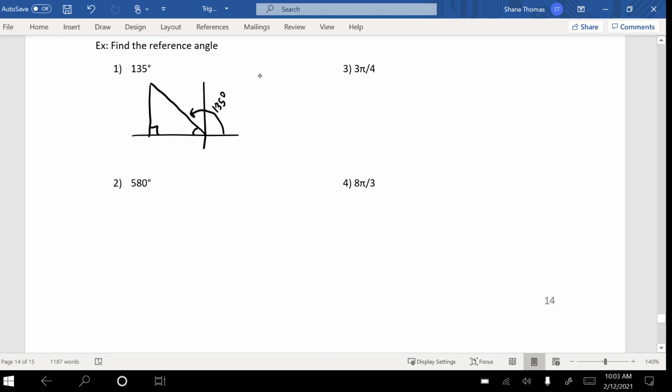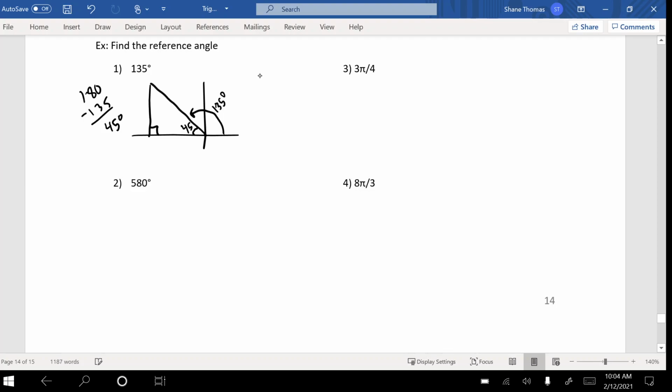So if it's 135 degrees to here, the x-axis is how many degrees? 180. So what is this angle going to be? 45. How'd you get that? I just subtracted. So I'm going to have 180 minus 135, which is going to be 45 degrees.